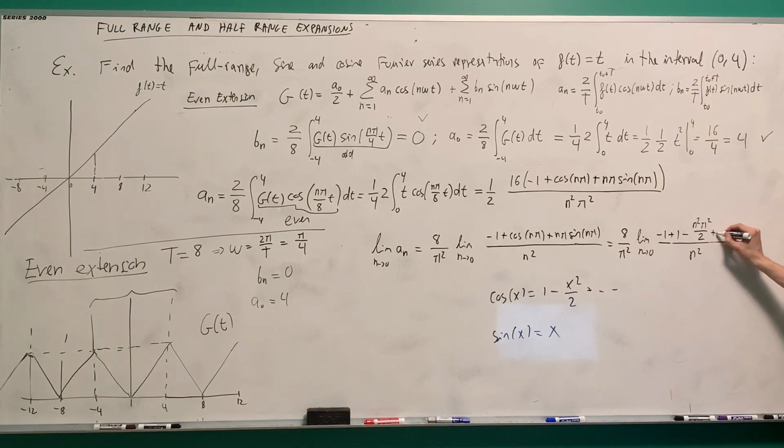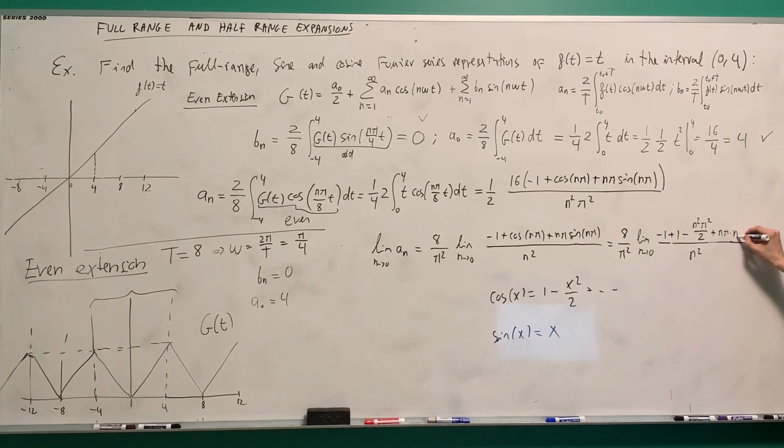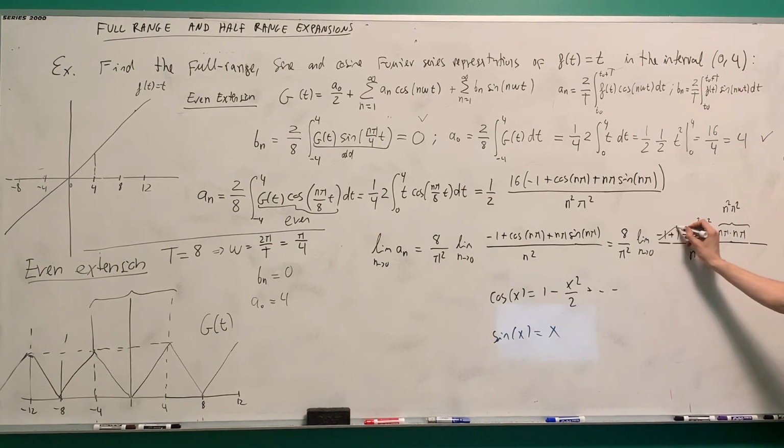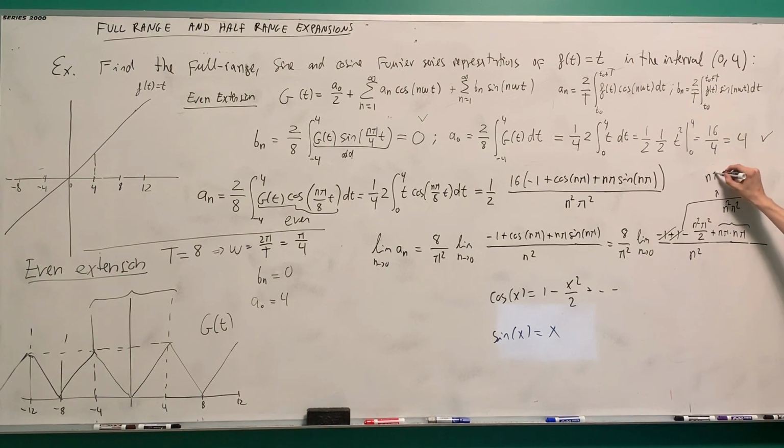Now plus n pi multiplying the sine, which is n pi as well, so this thing is n squared pi squared. All right, now this cancels this, n squared pi squared minus n squared pi squared divided by 2, these two things together is n squared pi squared divided by 2, positive.